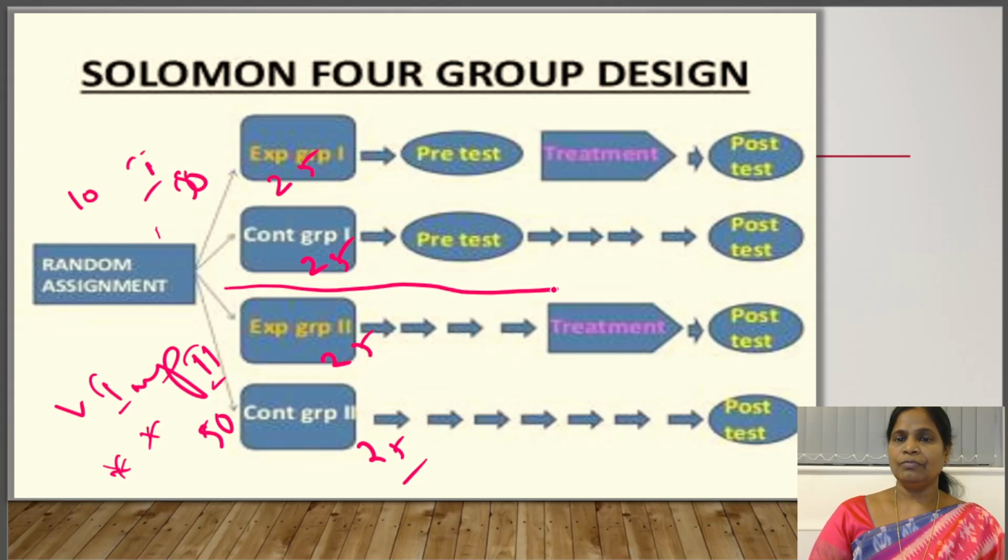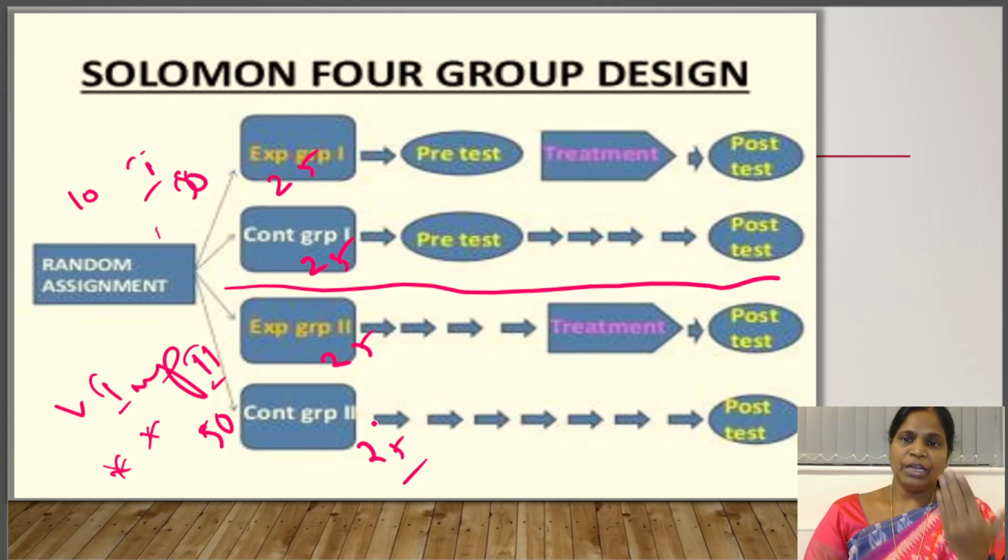Now, whatever we have seen before, the previous 2 research designs are combined, you can say. In one group, pre-test, post-test, control design, you have seen this: the experimental pre-test is conducted here, treatment is given, post-test scores are compared here.